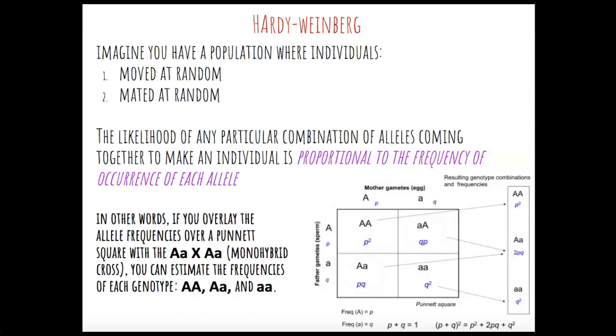heterozygous, and homozygous recessive. So if we look at this Punnett square, we know that if we take two heterozygotes and cross them together, we have big A, which is, if we think of them in terms of P's and Q's from the previous slide, the dominant allele was represented by P, and so the probability of having a big A by big A individual occur from this cross is P times P, which is also P squared.